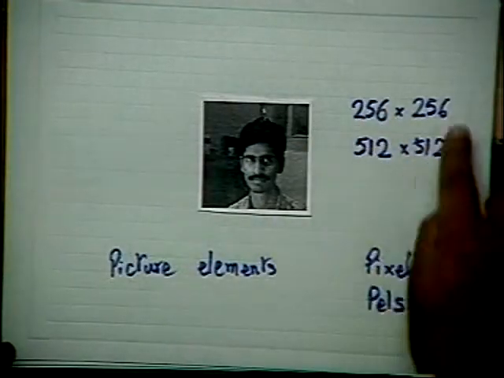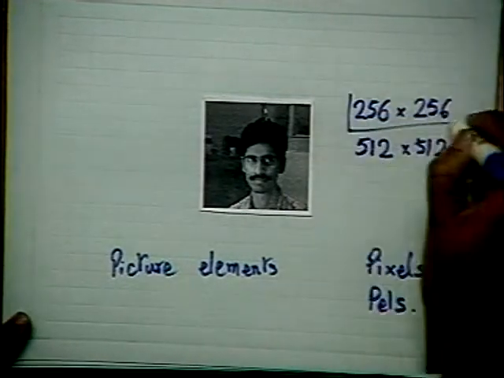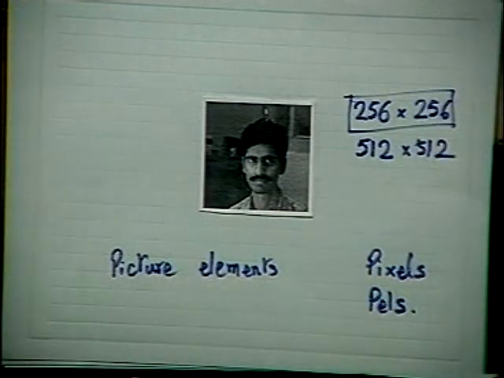Next, we form an array of these numbers, let us say 256 by 256, and in every such picture element we give a numerical value, which corresponds to the intensity level of the image.